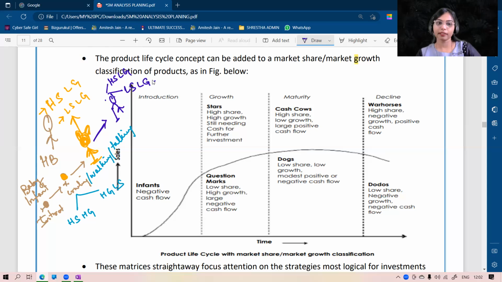This is the way a person grows from a baby until the decline stage, or the old stage.